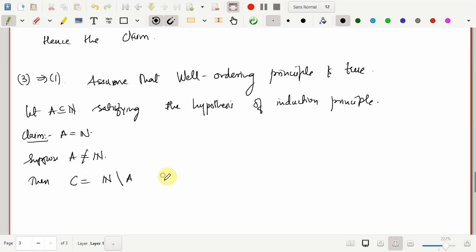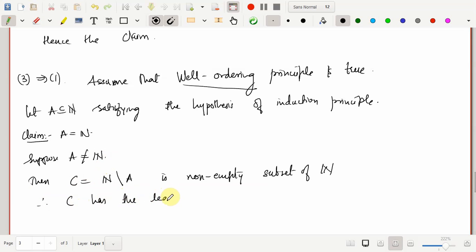Therefore C has the least element by the well ordering principle. Let me call it, say, small l.